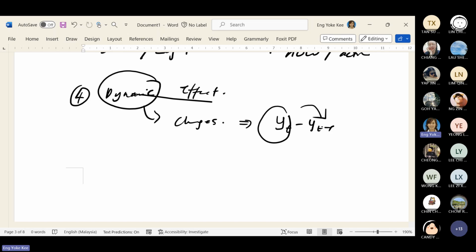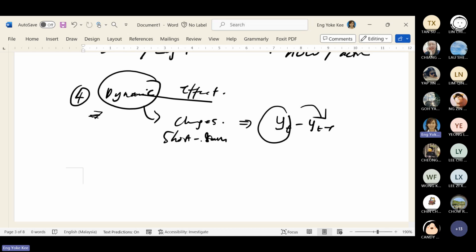So changes is a short-term concept, a short-run concept. Besides helping you decide whether there is a long-run relationship or not, another usefulness of time series data is that it allows us to study the dynamics of the short run, or the short run movement or changes in the data.